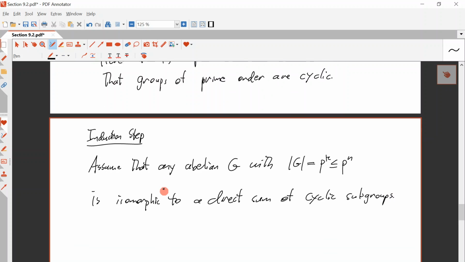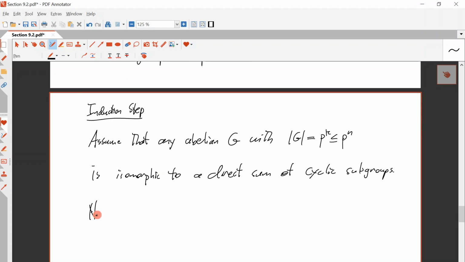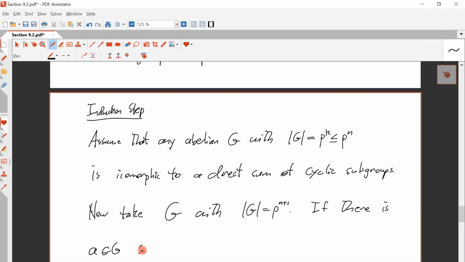Okay. Now say that G has order p to the n plus 1. If there is A in G such that the order of A is p to the n plus 1, then G equals the cyclic subgroup generated by A, and we're done.